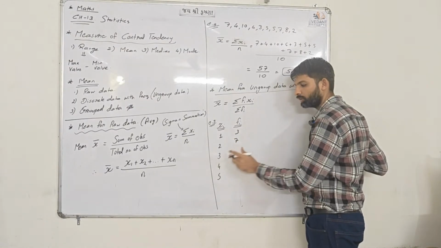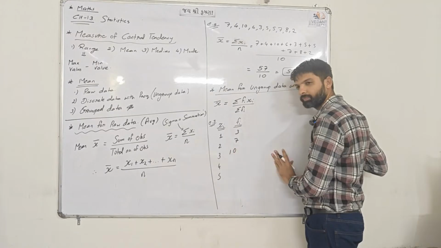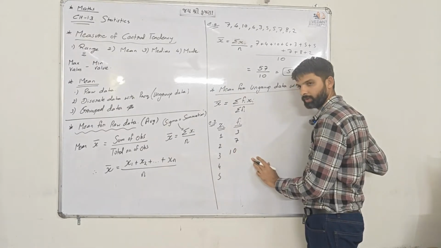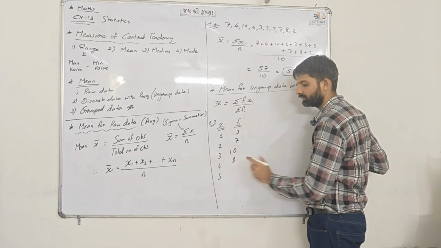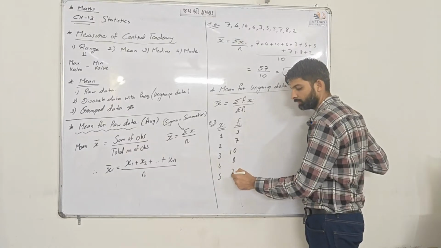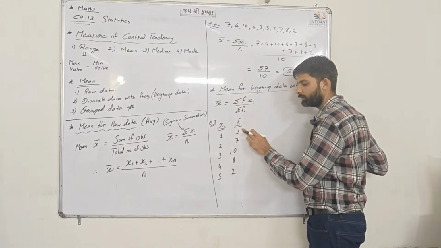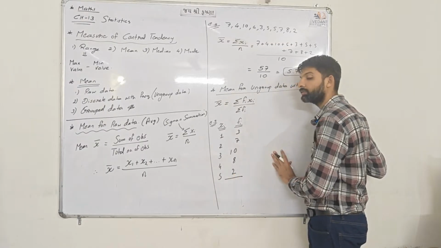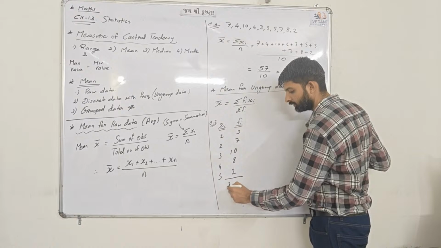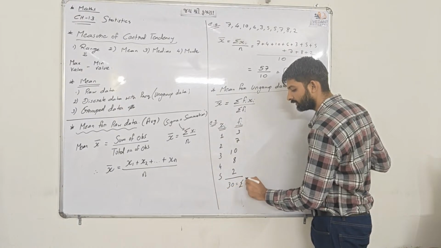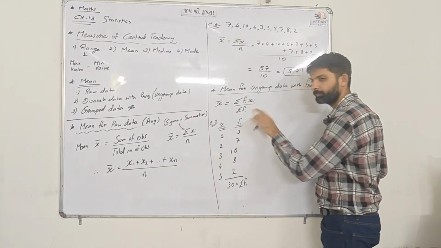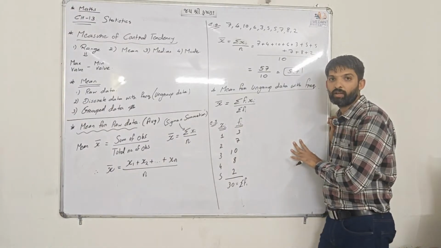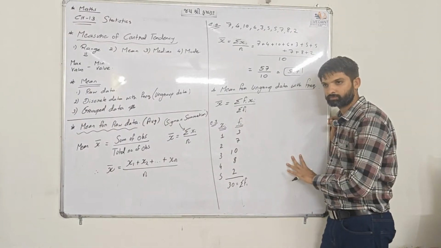Number who got 3 marks, let's say 10. Number who got 4 marks, let's say 8. And let's say 2 students got 5 on 5. Now when you add these values, 3, 7, 10, 8, 2, that is called sigma fi, the total sum.